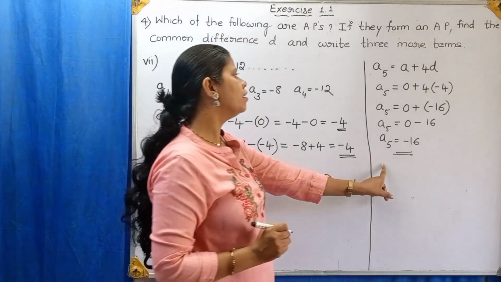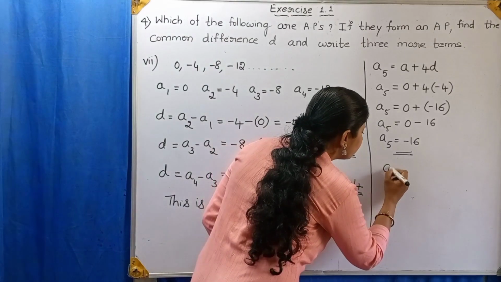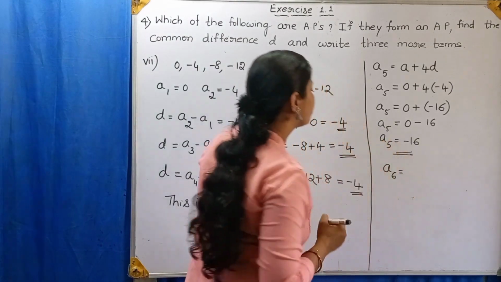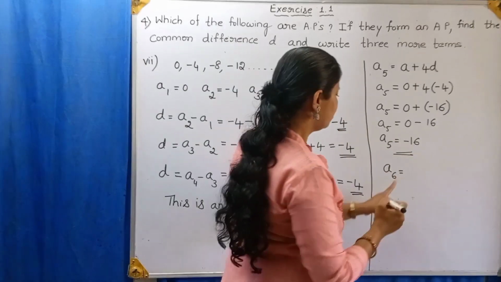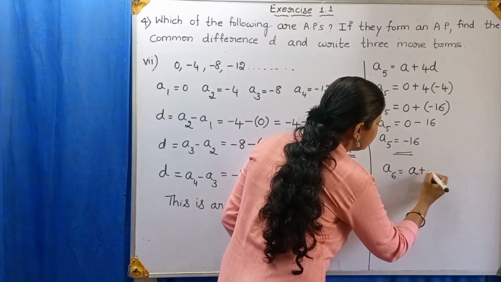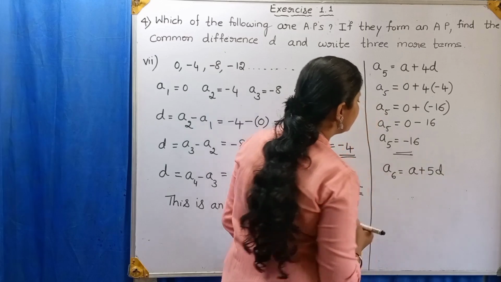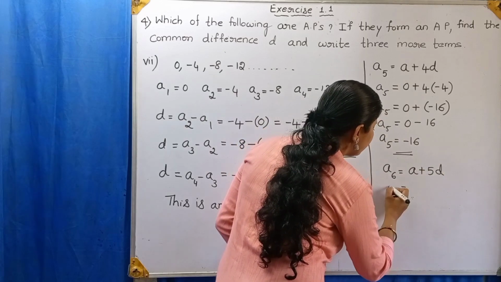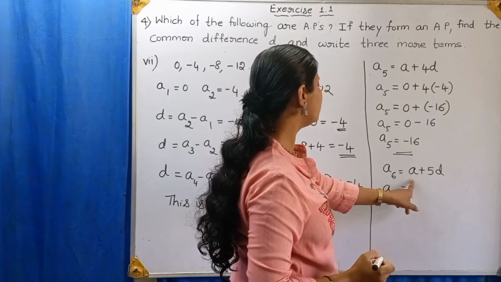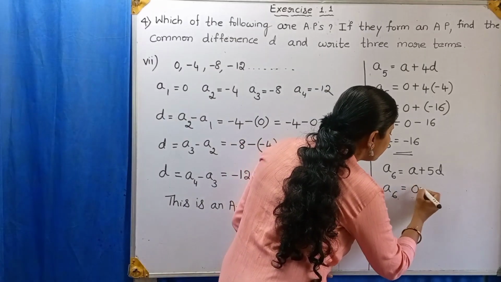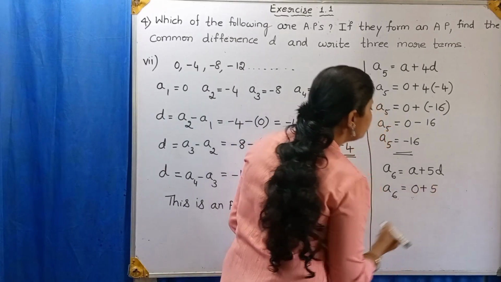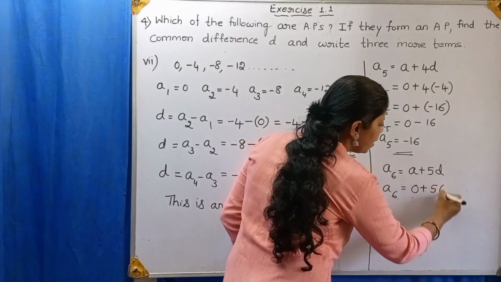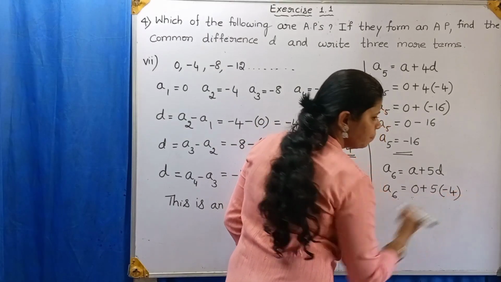Now, let us find A6. A6, what is the formula? A plus 5D. Isn't it? Here, A6 is equal to, A is 0 plus 5 into D. D is minus 4. Okay.